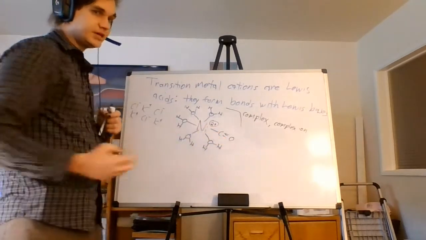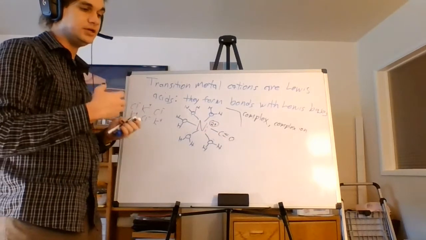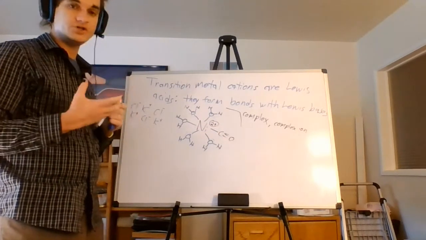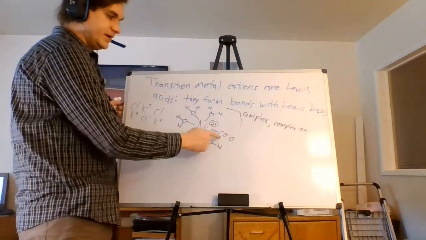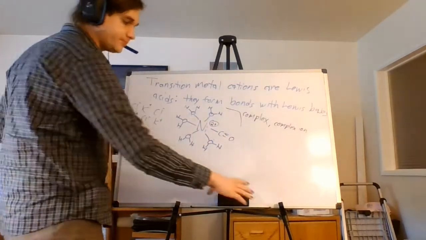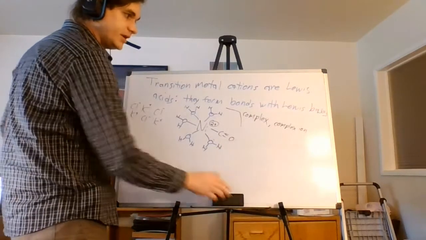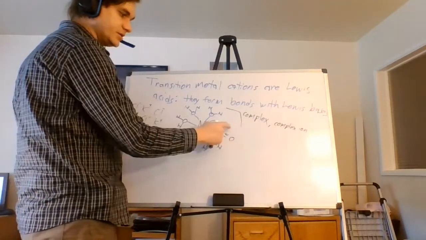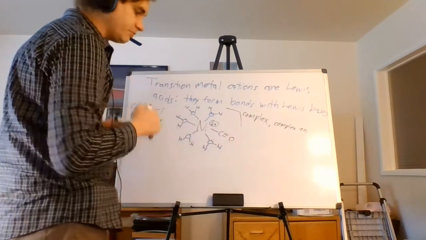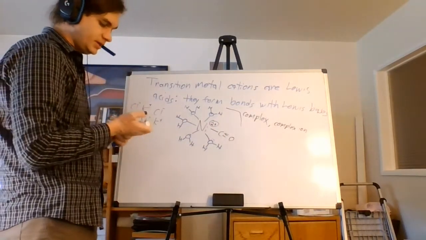The carbon monoxide will bind to the things in your cells that oxygen gas is supposed to bind to, because it's the same size and it is way too strong. Anyway, we refer to these as complexes, or if they're charged, we refer to them as complex ions.